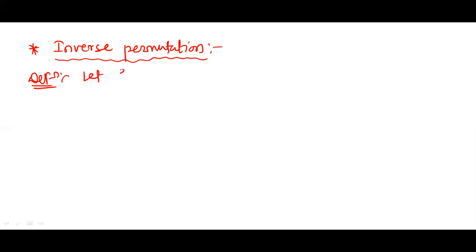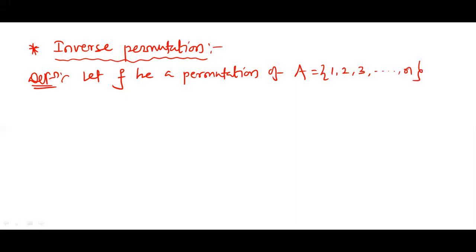Let F be a permutation of the set A containing n elements 1 up to n.